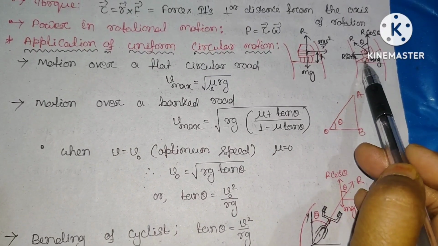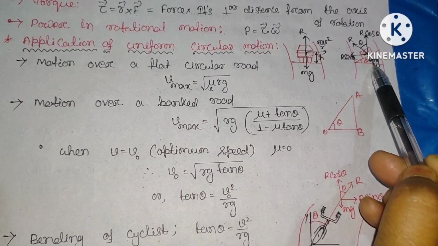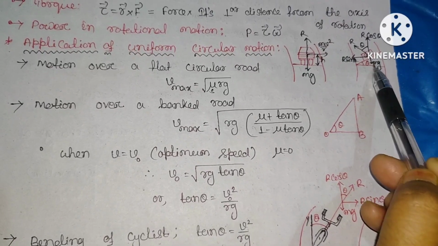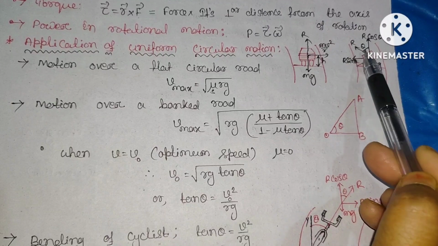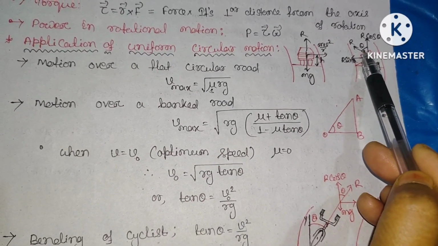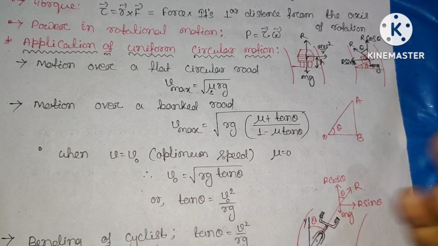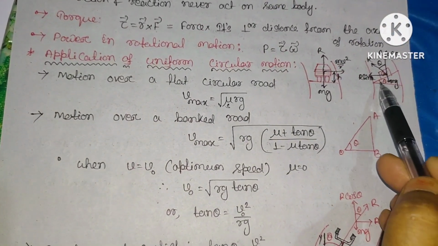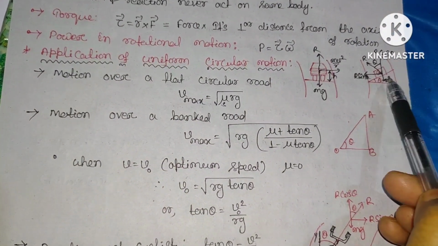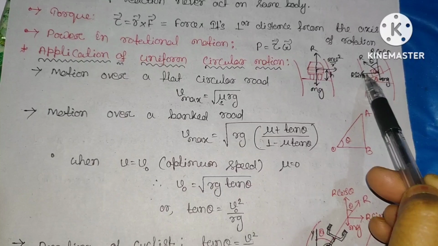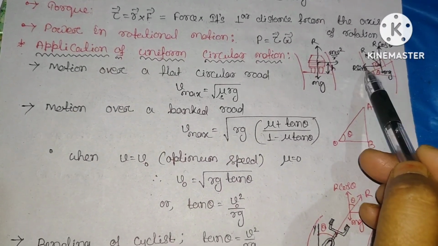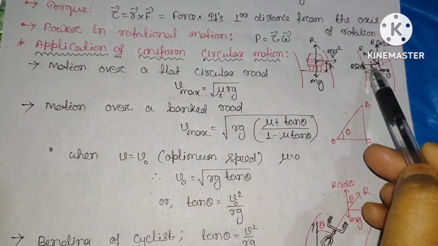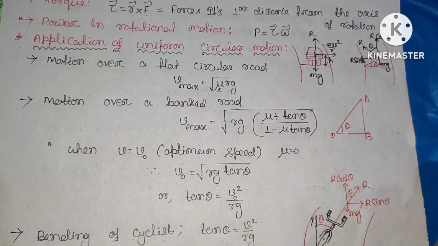You can see this is theta, and this downward is the weight mg, and the reaction, that is the resultant, is R. This angle is theta. This is the perpendicular component R sin theta, and obviously this is R cos theta. Always this perpendicular component is R sin theta, the resultant into sin theta.